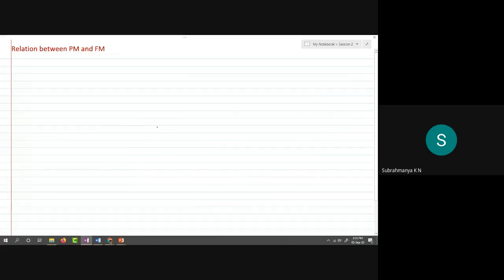This is what I was expected to cover in this session. Tomorrow I'll come up with different types of frequency modulation signals. As I told, we'll be focusing on FM signals. There are 2 types of frequency modulation.